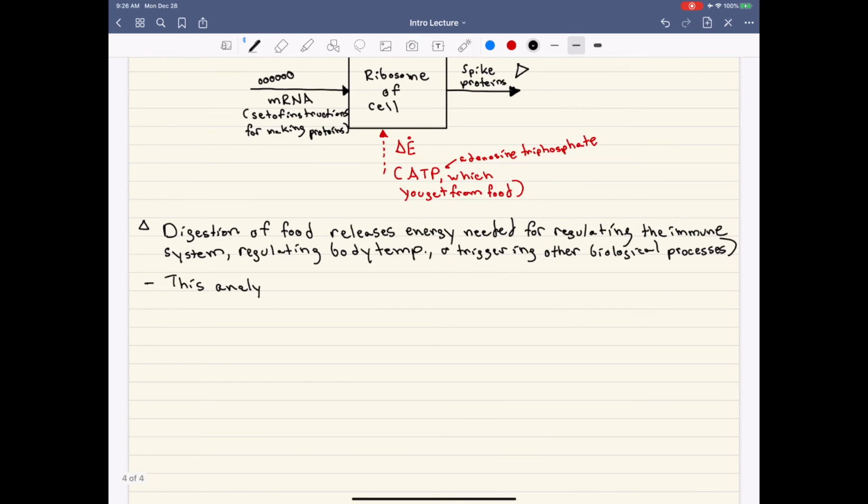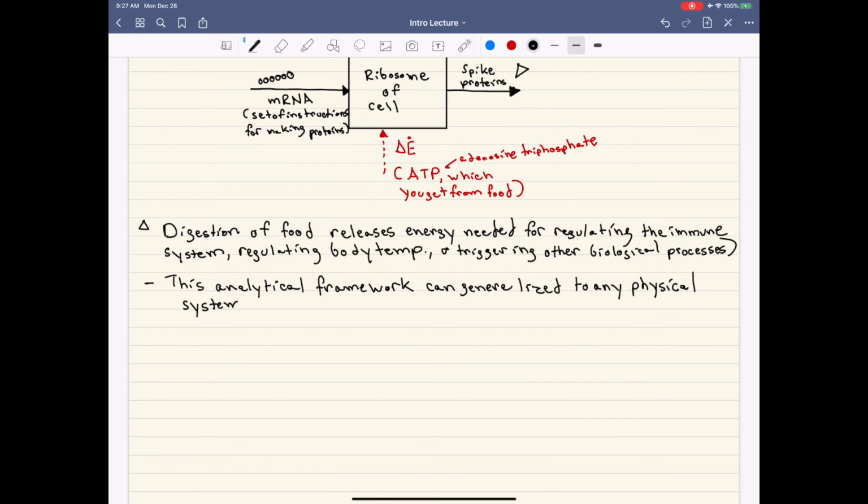And so this analytical framework doesn't just work for those examples, but you can generalize it to any sort of physical system that we deal with in this course.